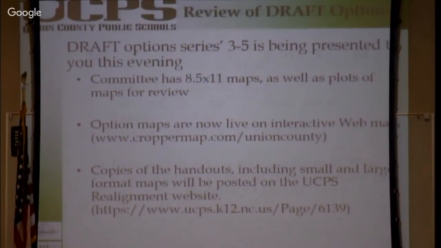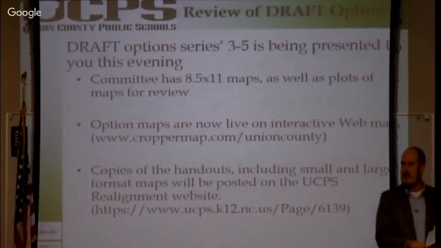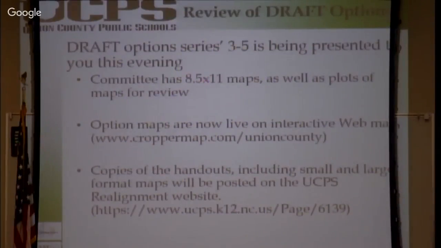You have in your packets the statistics and information that we always give that shows the utilization and impacts and all of that feeder pattern information. You have the maps of the individual options in letter format. We've also provided you some of the distance calculation data in print form at the back, so you can see that.